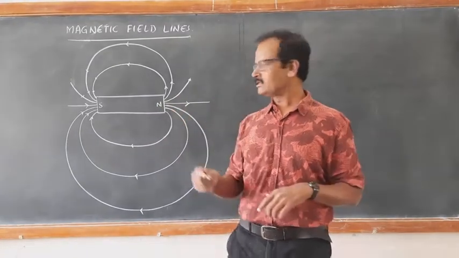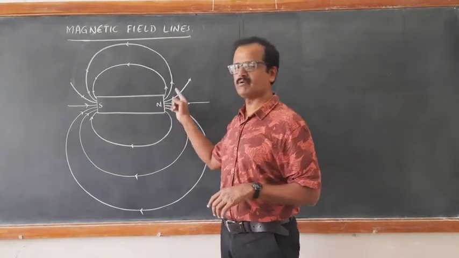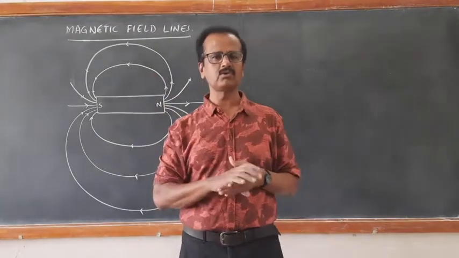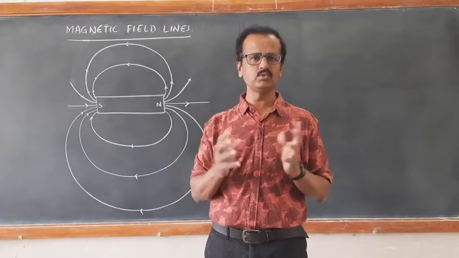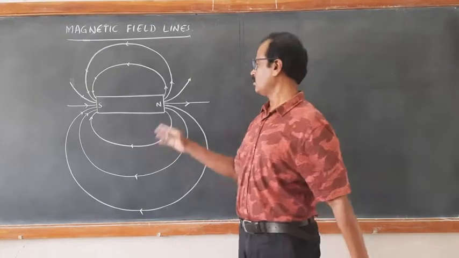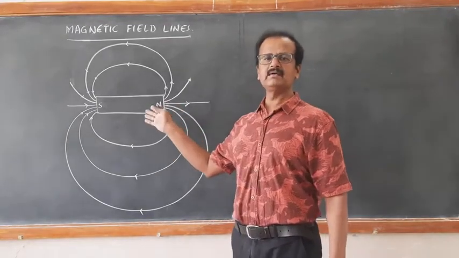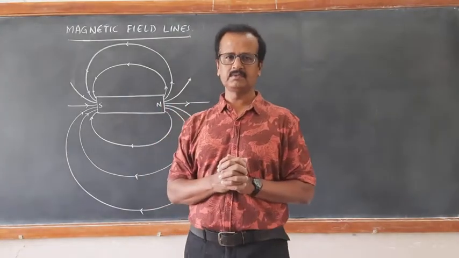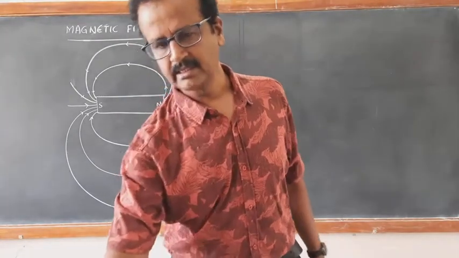Next, the magnetic field lines emerge from the north pole and end at the south pole. Every magnet has two poles, north pole as well as south pole. All the magnetic field lines emerge from the north pole and merge at the south pole. This is what we see outside.